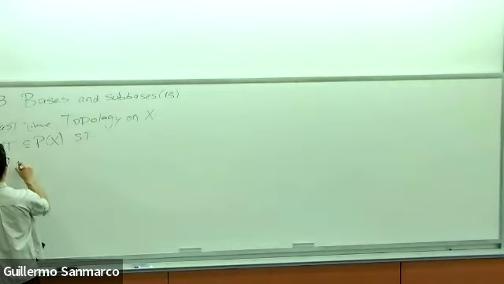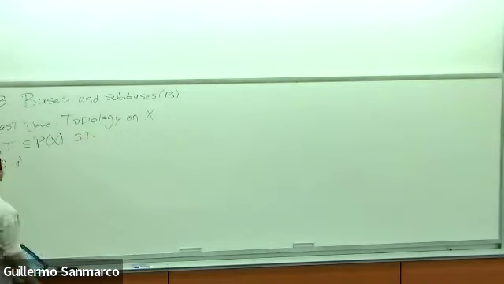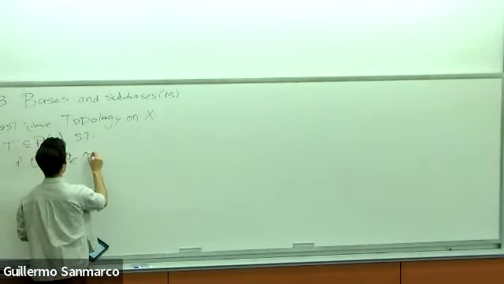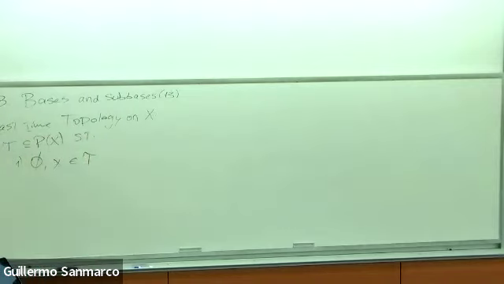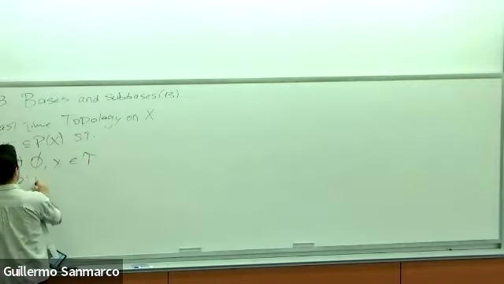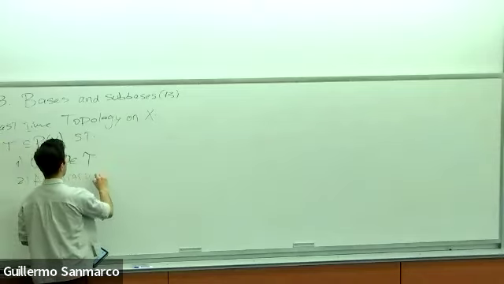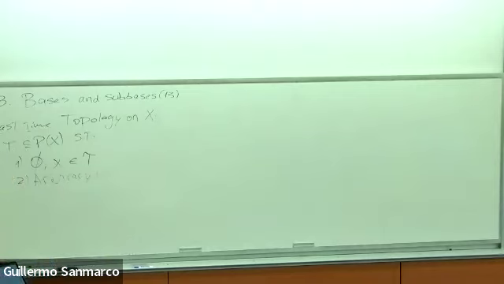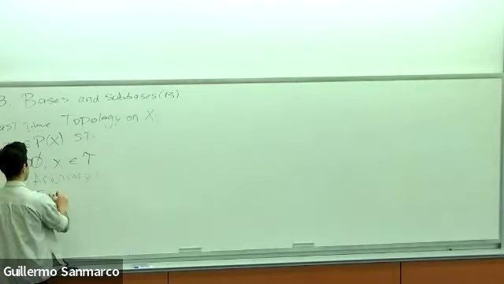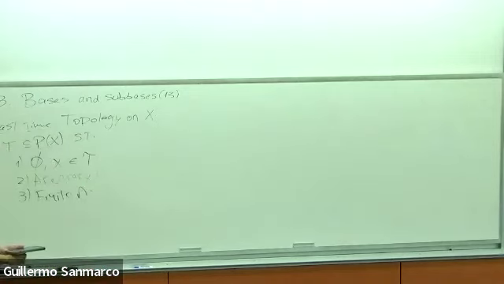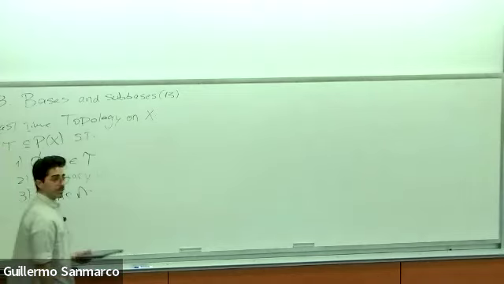First, the two trivial subsets are in this collection. The second one is closure under arbitrary unions. And the third one is closure under finite intersections. So that's what a topology is.